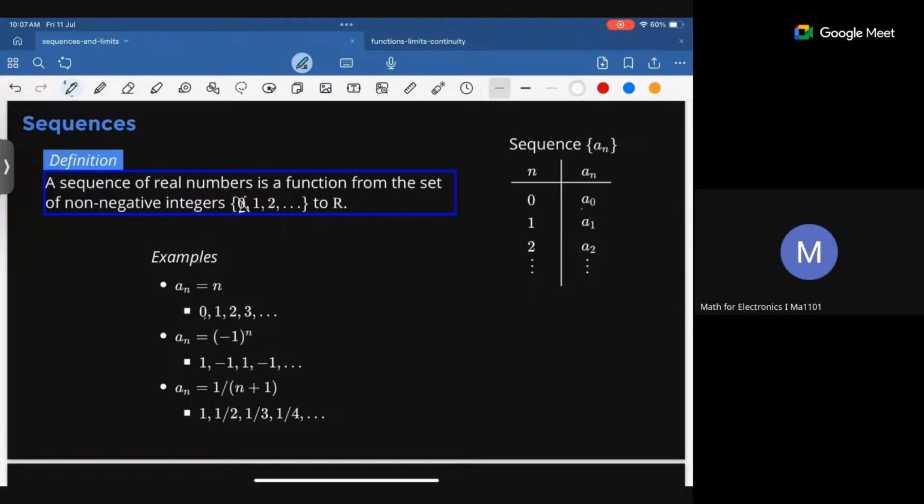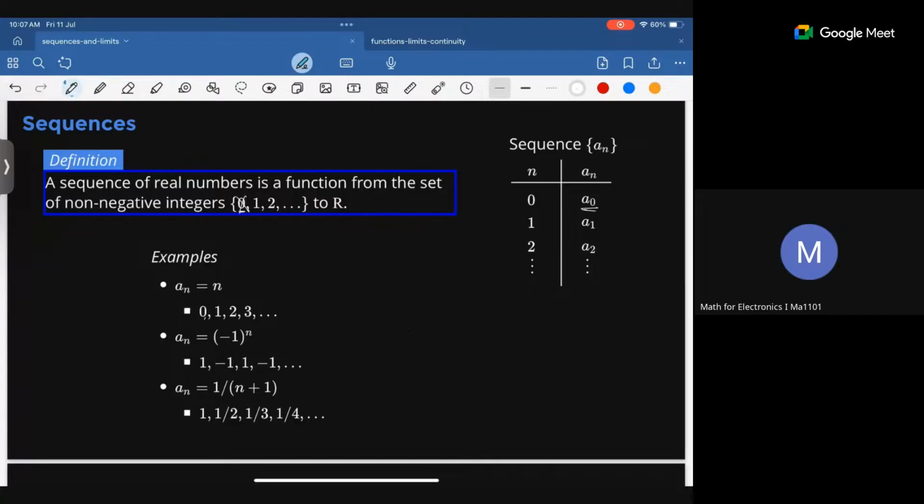In the lectures we said we start with a0, but in most of the examples dealt with in practice, graded work, and even exams, we will specify where to start. If we don't specify anything, you should consider n equals 1, 2, 3, and so on.